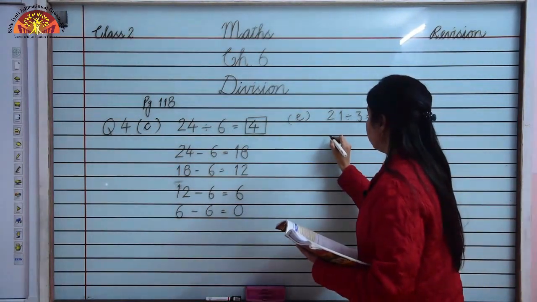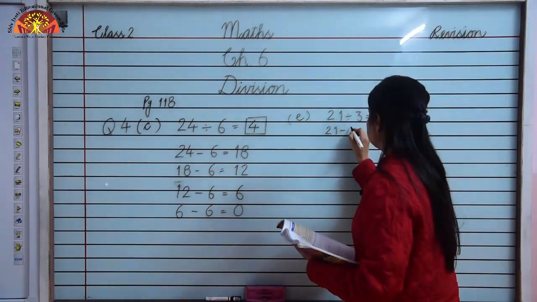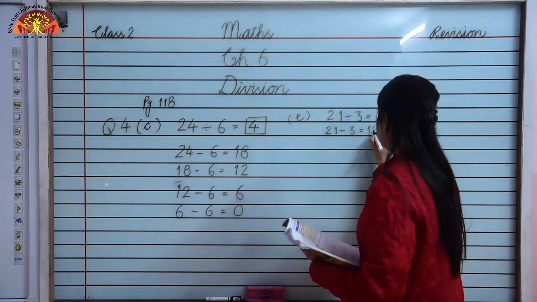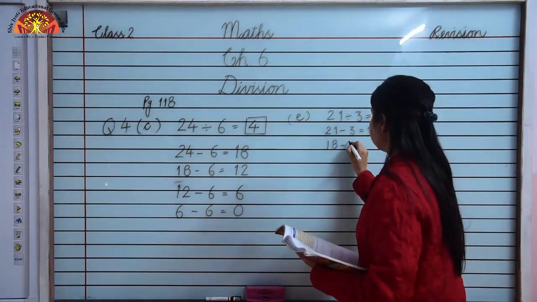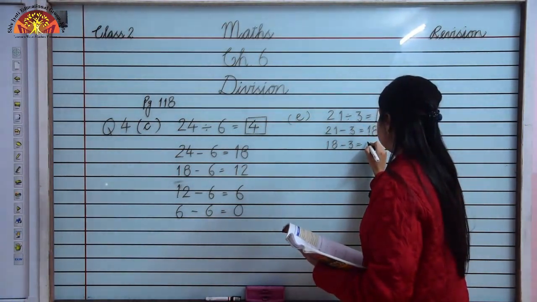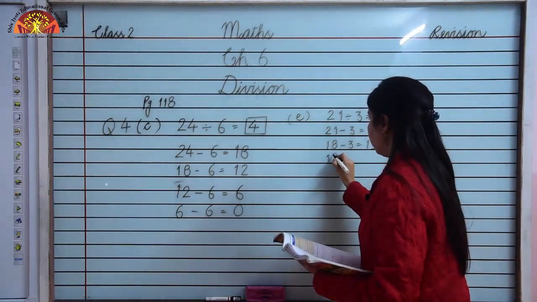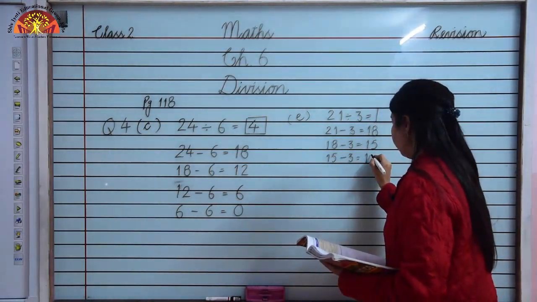So 21 minus 3 is equal to 18. 18 minus 3 is equal to 15. 15 minus 3 is equal to 12.